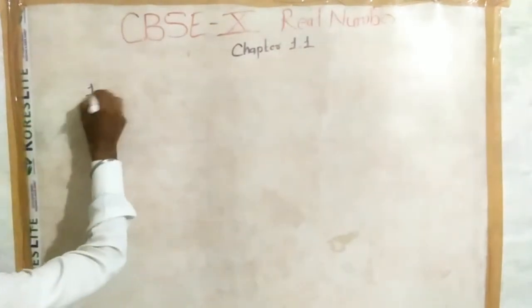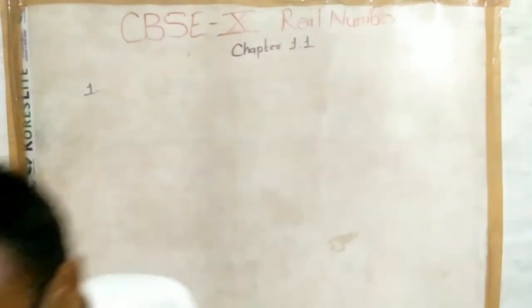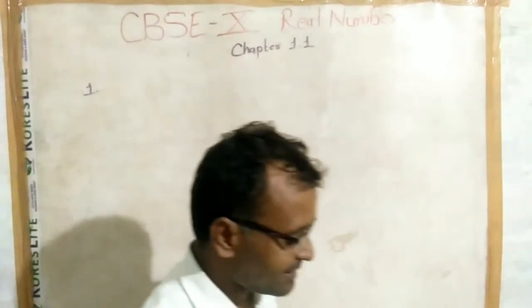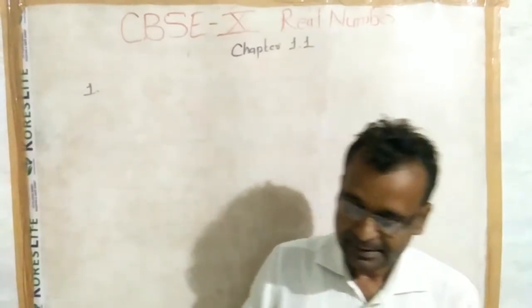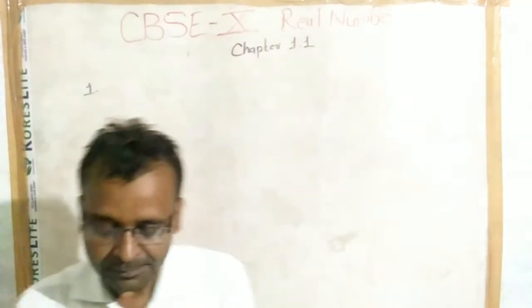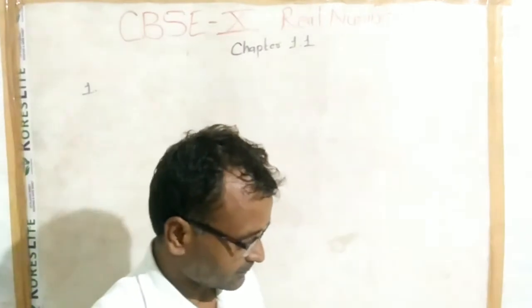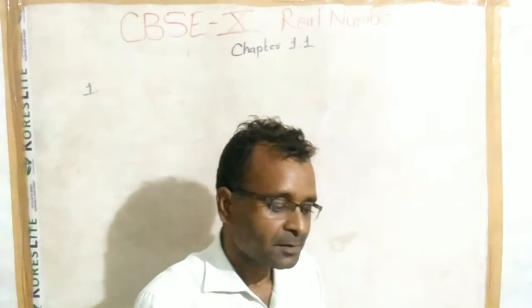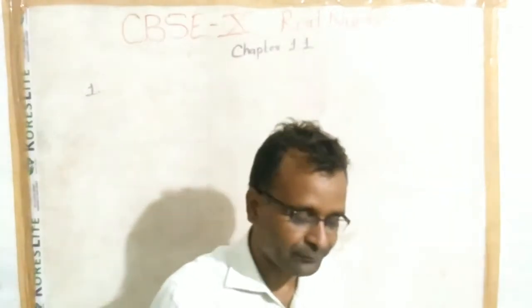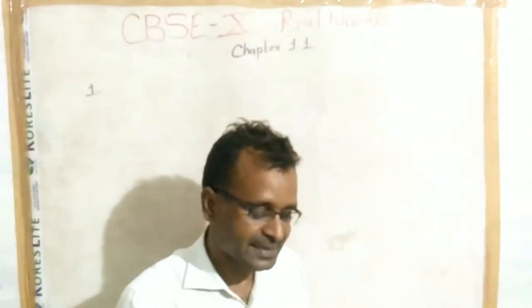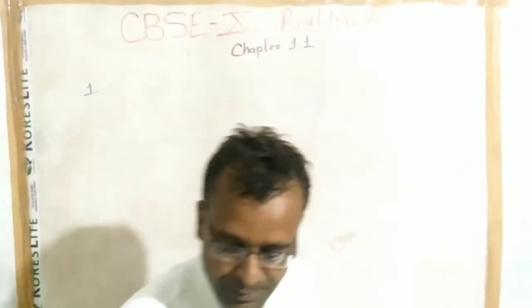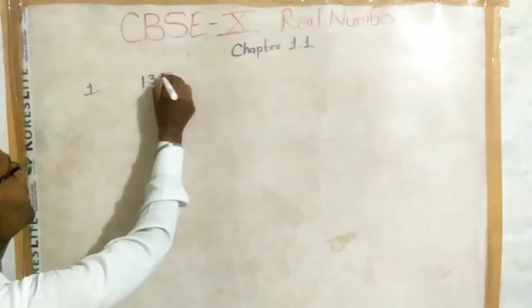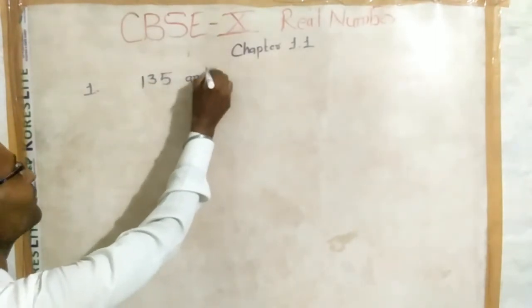The first question is: use Euclid division algorithm to find the HCF of 135 and 225.